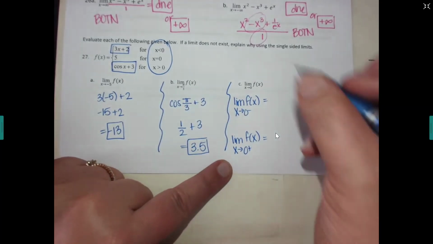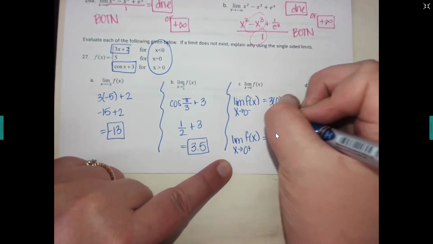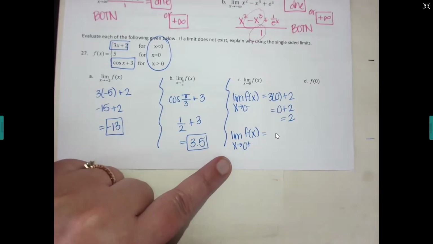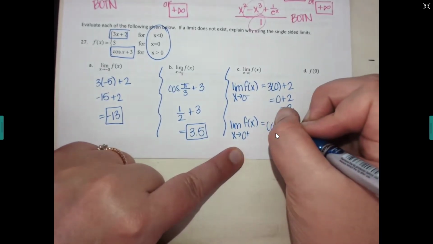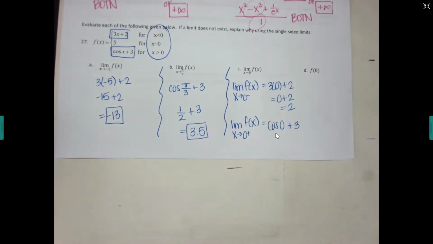So for my left side, it'd be 3 times 0 plus 2. That'd be 0 plus 2, which is 2. 0 from the right will be the cosine of 0 plus 3. Which one is your 0 finger? Pinky, very good. Cosine's your fingers on top.